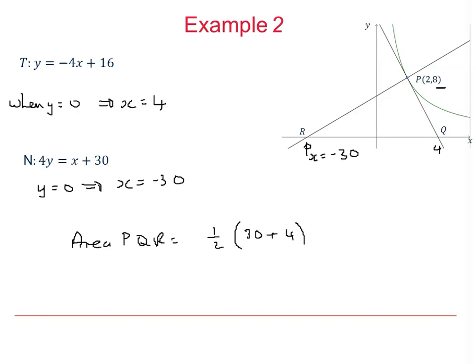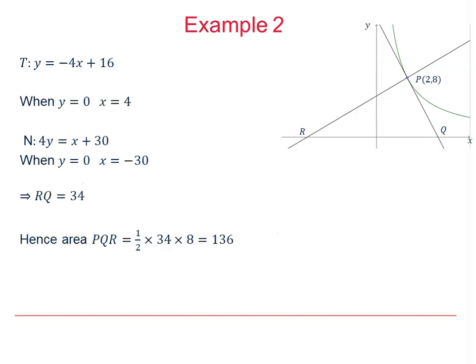That's just the value of y at P. So this is the height coming in here at 8. So you have 1/2 of (30 plus 4) multiplied by 8. So that gives you 4 multiplied by 34, which is equal to 136. And there it is, again, neatly written out.